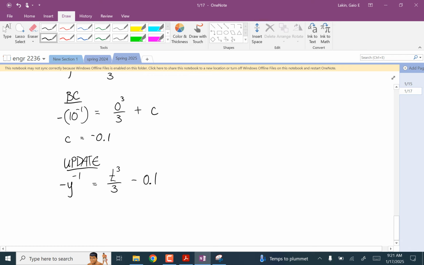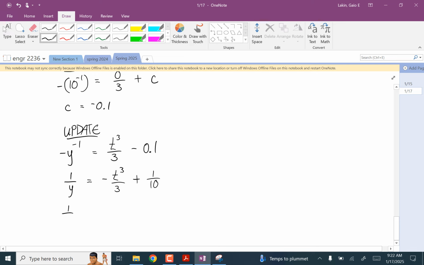So I'm going to write this as 1 over y, multiply both sides by negative 1. And we get negative t cubed over 3 plus, I'll write this as 1 over 10. And now I'll write 1 over y is equal to, get a common denominator here, and you have negative 10t cubed.